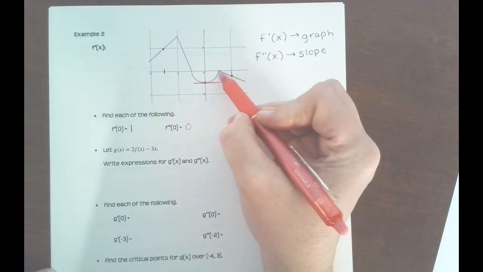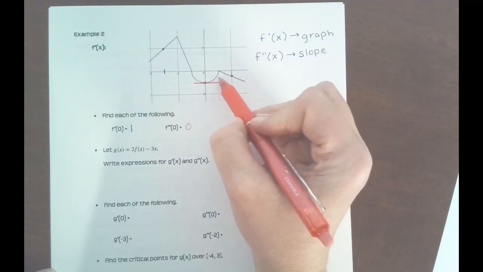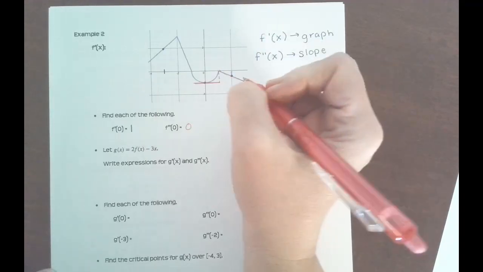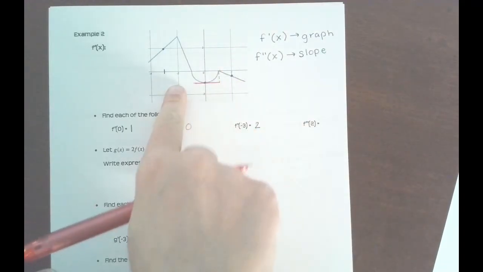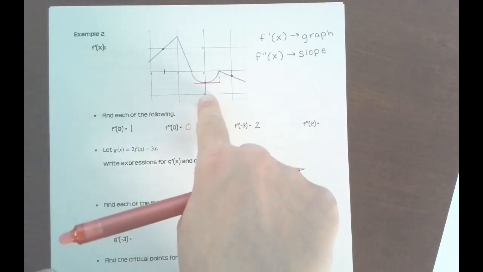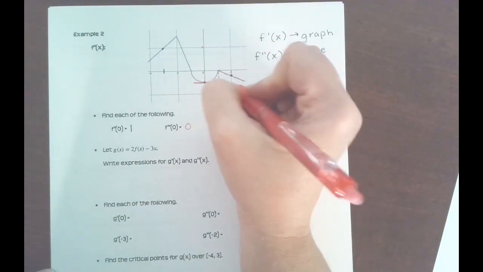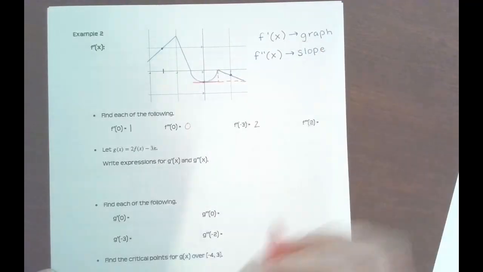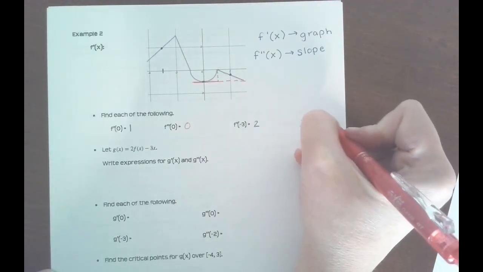This is going down, let's see, 0.5 and over 1, or I could think of it as going down 1 unit, the way this graph is being numbered, because this is 1 here, this is 2. So this is going down 1 and over 2 spaces. So that slope is -1/2.